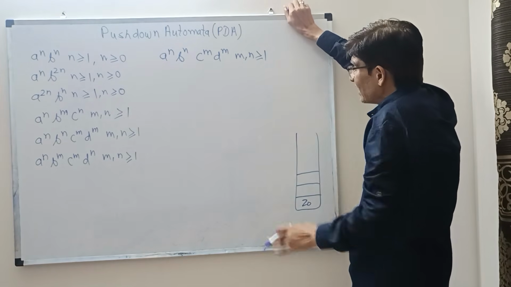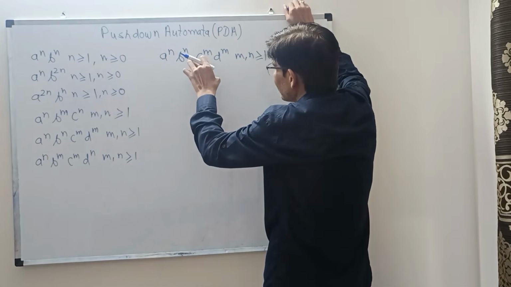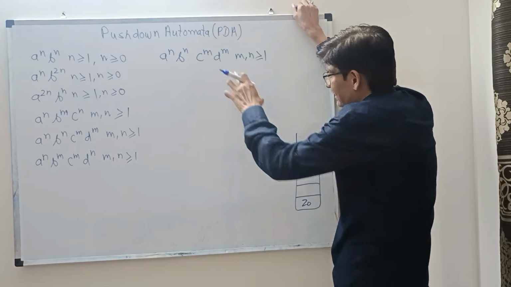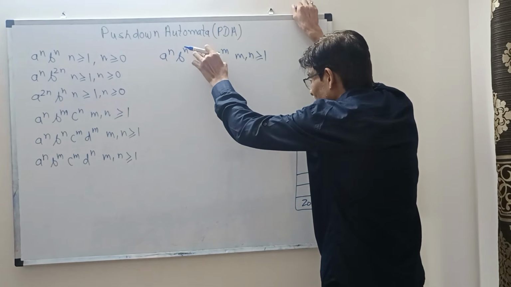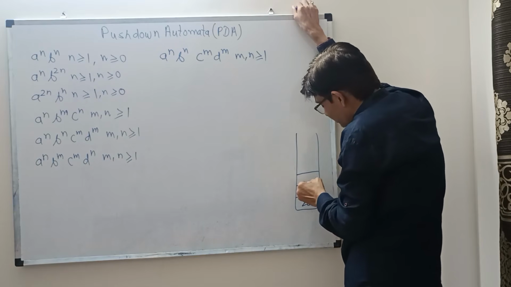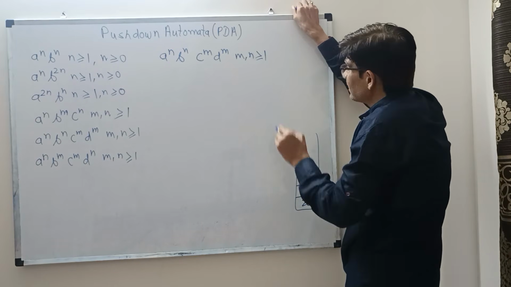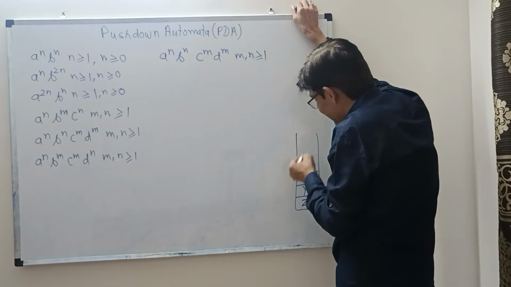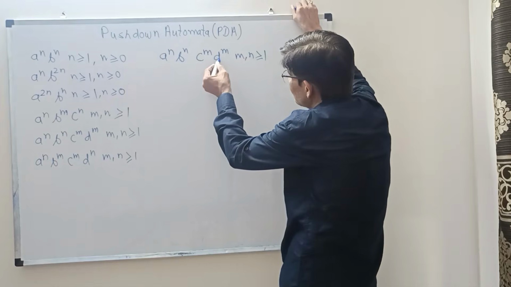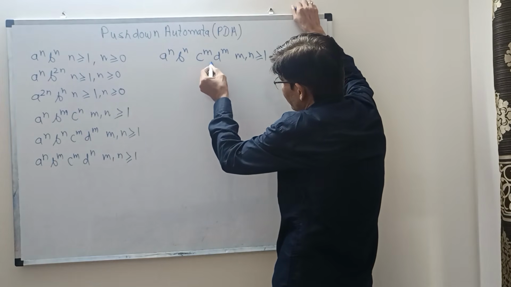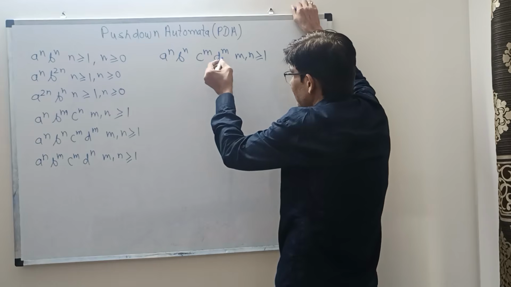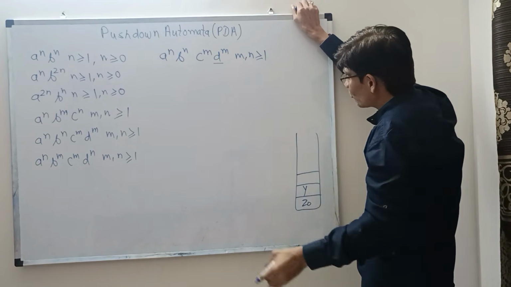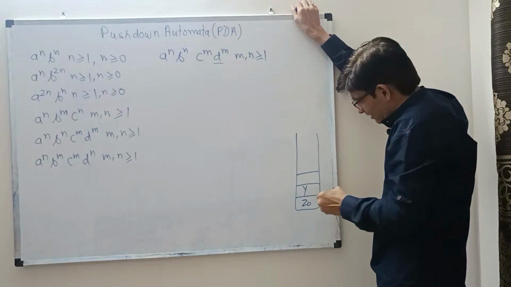Now when you are reading the first C, Z0 would be on the stack top, and at that time you will push one element Y into the stack. For each C, you will push one element Y into the stack, so that you will have any number of Y in the stack, and then once you start reading D, you will start popping Y from the stack.